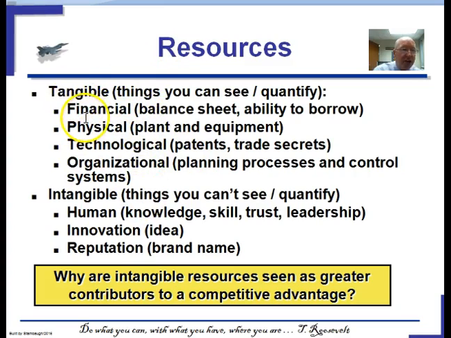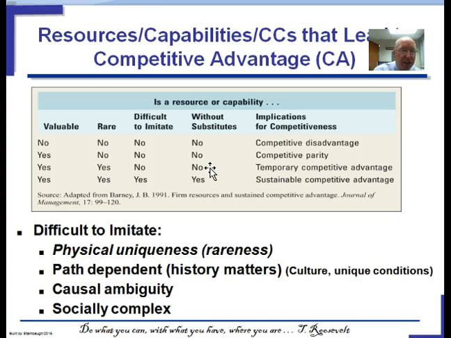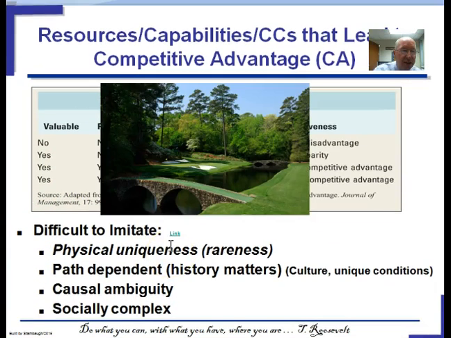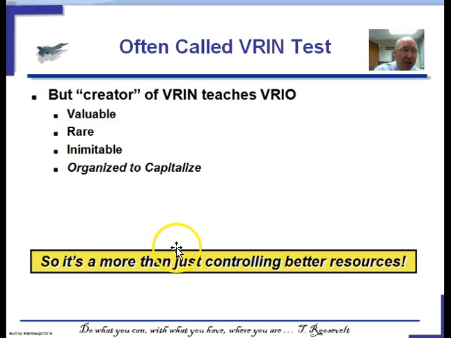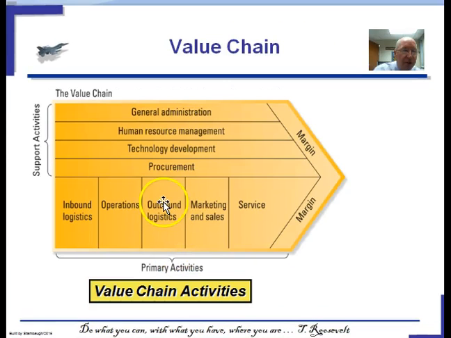They're going to want you to know what tangible and intangible are, what fits in those categories, and why intangible resources are seen as a better part of competitive advantage. Then the ability to apply this concept of this chart and this idea of what makes things hard to imitate and without substitutes is going to be important in several cases. There are a couple of questions about the value chain.